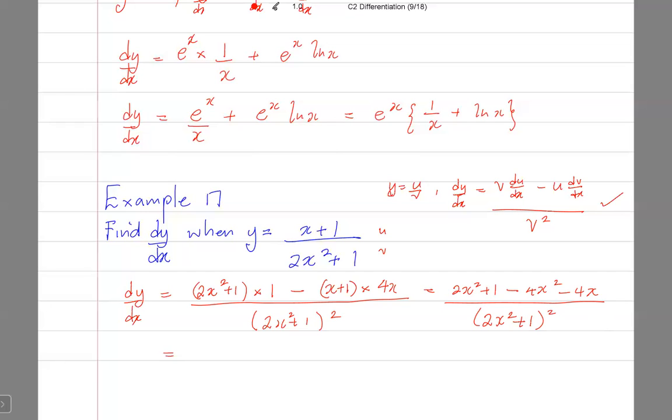My final answer is going to be, that looks like 1 minus 4x minus 2x squared all over 2x squared plus 1 all squared. That will be the final answer.